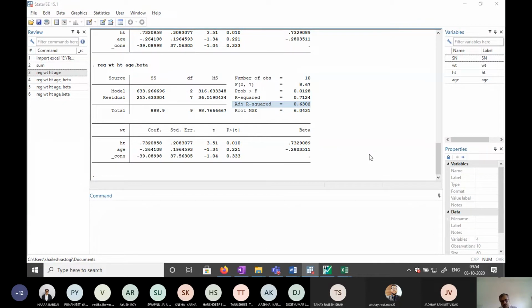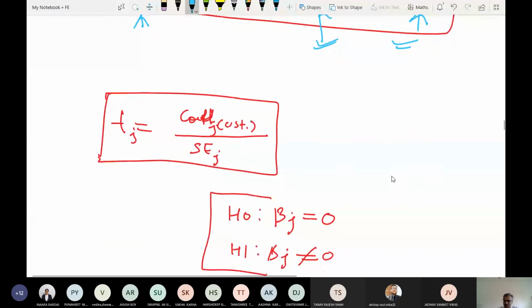So we can conclude that we can report both. R square should obviously be reported, but it is also important to report adjusted R square. Adjusted R square is denoted by putting a bar on the R square. Usually this is the notation which we use.